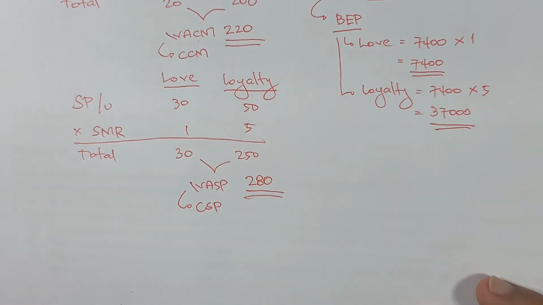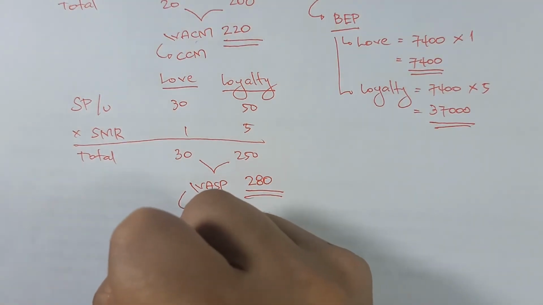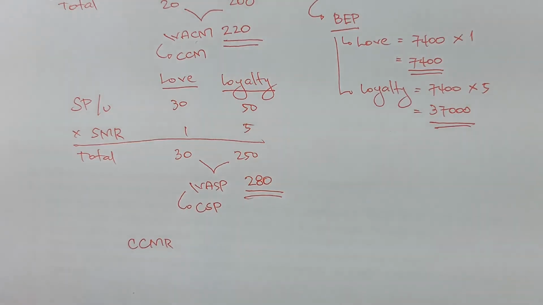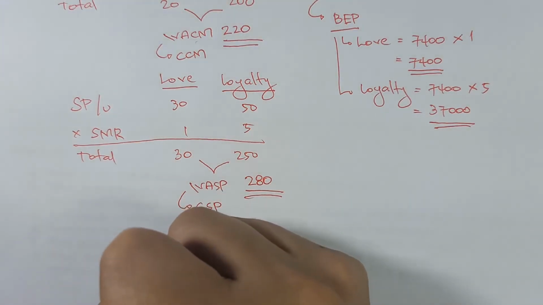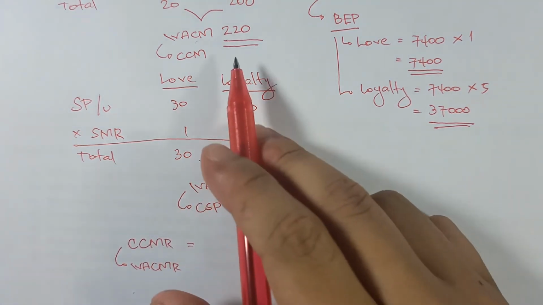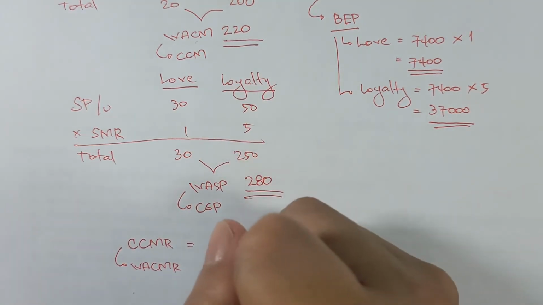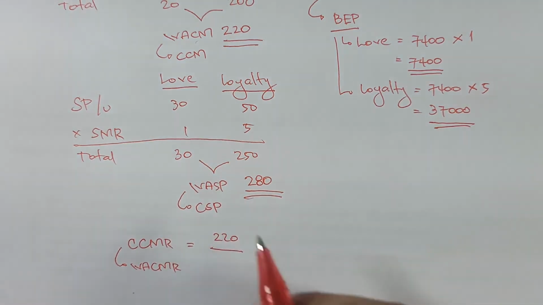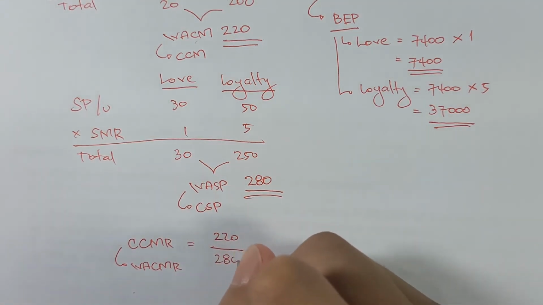So, the contribution margin ratio now, or the composite contribution margin ratio, also known as the weighted average contribution margin ratio, is equal to the weighted average contribution margin of 220 pesos divided by the weighted average selling price of 280 pesos.